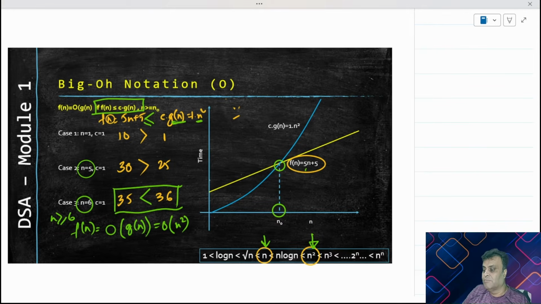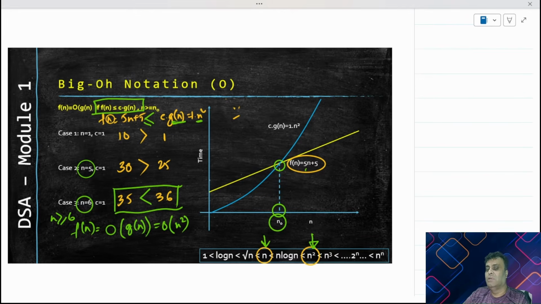We are saying that for a particular value of N, there exists a function called Gn, and this Gn, if it starts with N, can be anything above N in the complexity classes, where we can assure that for a particular value of N, these lines will always stay above the function line, which is the Fn line. So that is your upper bound, and this upper bound is represented by big O.